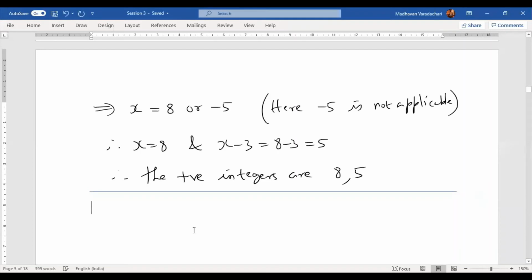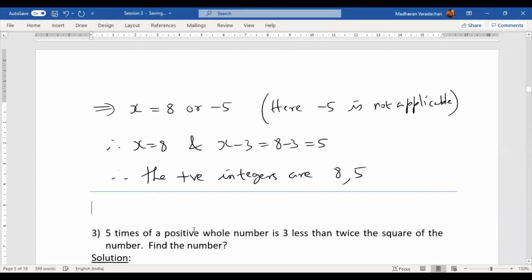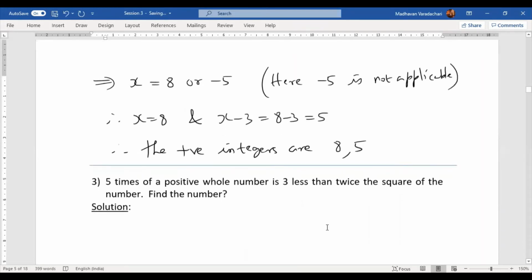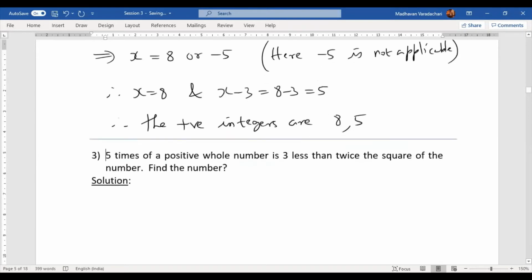Let us move on to the next question, which says 5 times a positive whole number is 3 less than twice the square of the number. Find the number. Since we are supposed to find a number, let x be the number.